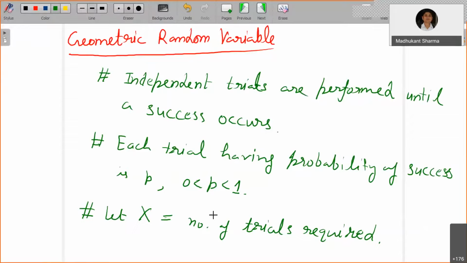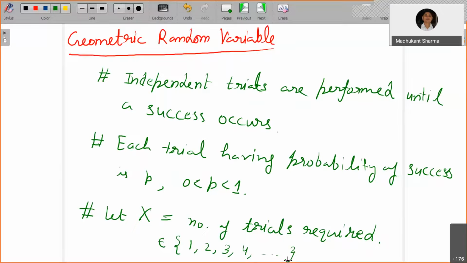So X denotes the number of trials required for that case. Then certainly X can take the values, no success is not possible. So you start with the first trial success, or on the second trial you get success, on the third, or fourth trial, and so on. So X can take any values 1, 2, 3, 4, and so on.